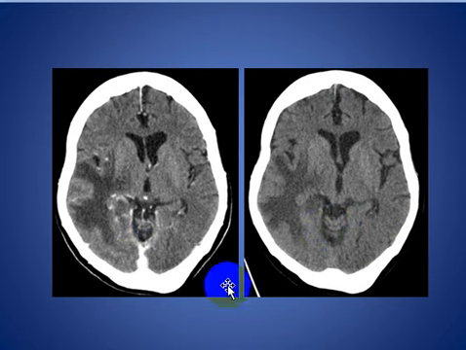Here, another patient with metastasis from the breast, and we see the edema as finger-like projections, and the contrast study delineates the mass in this area, obliterating the trigone of the right lateral ventricle, and there is also mass effect on the right lateral ventricle here.